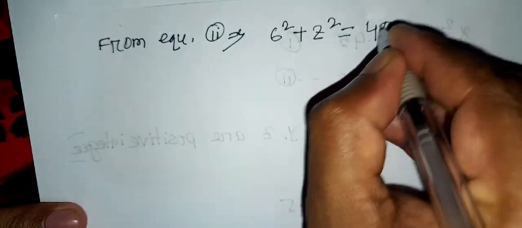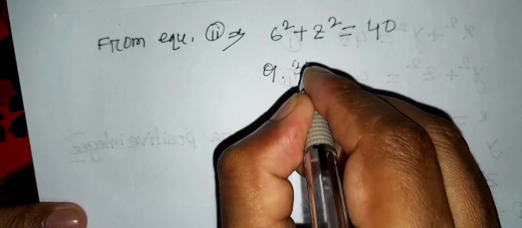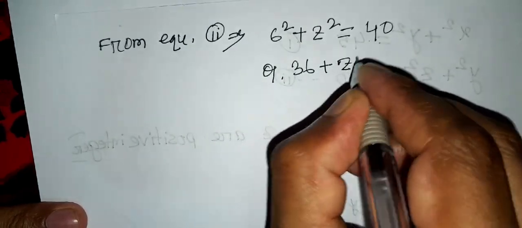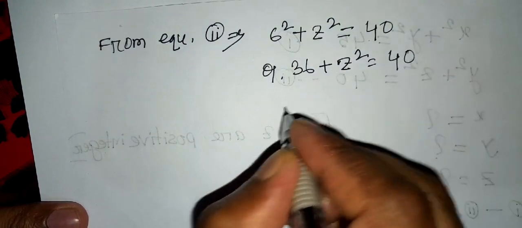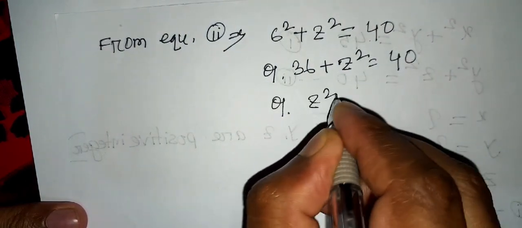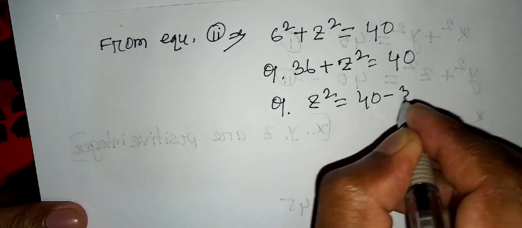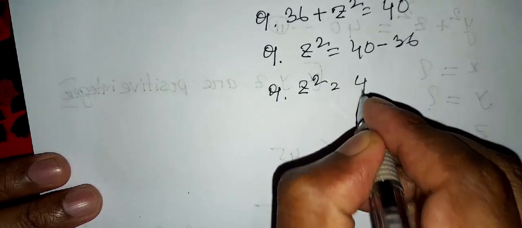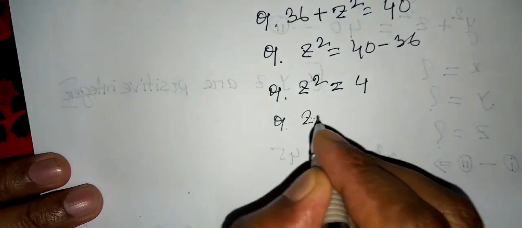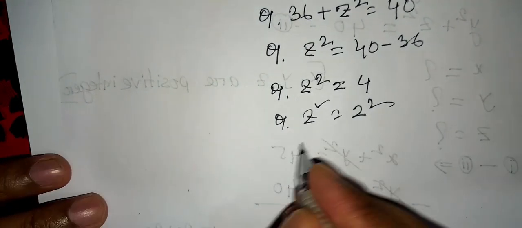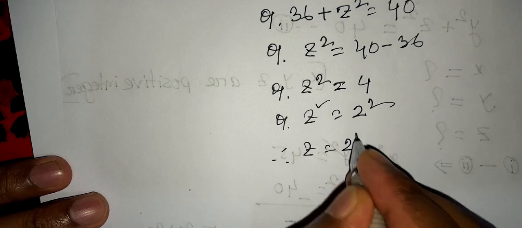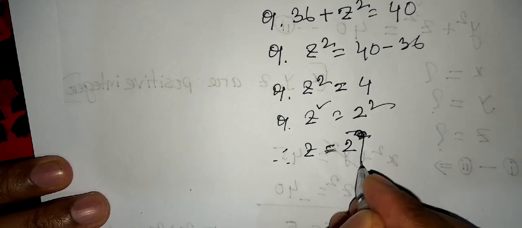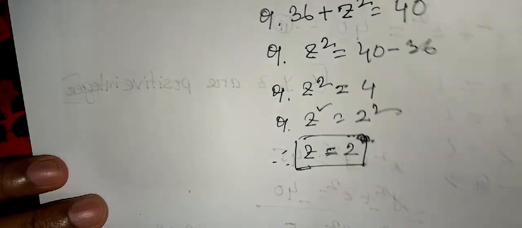So 6 square plus z square is equal to 40. 6 square is equal to 36, so z square is equal to 40 minus 36, and z square is equal to 4, or z square is equal to 2 square. So z equal to 2. It is the value of z.